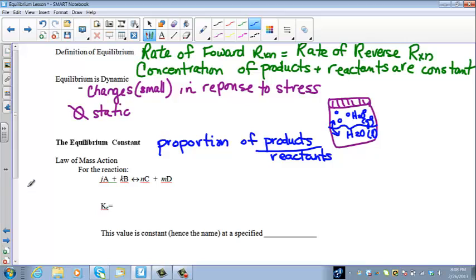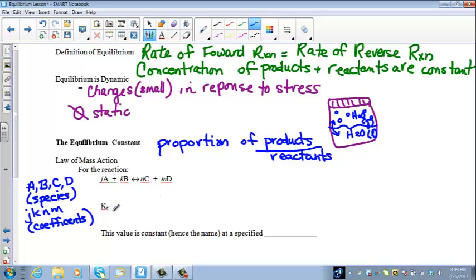Now I want you to realize that in this generic equation, A, B, C, and D are species, so chemical formulas, and J, K, N, and M are coefficients. So that's your general reaction, okay?